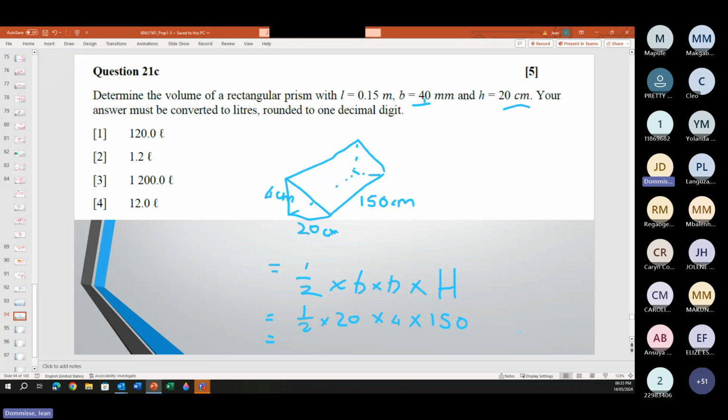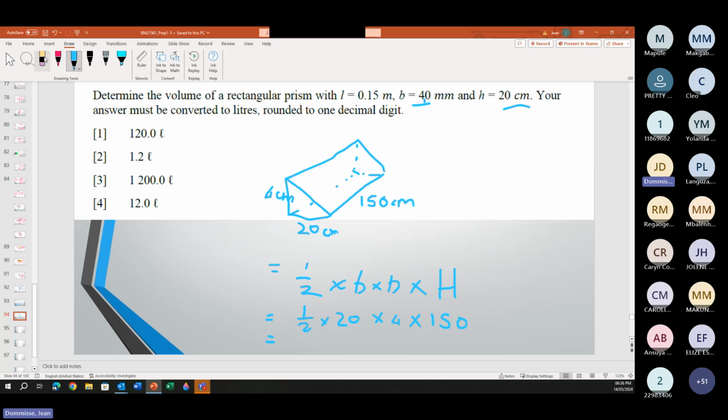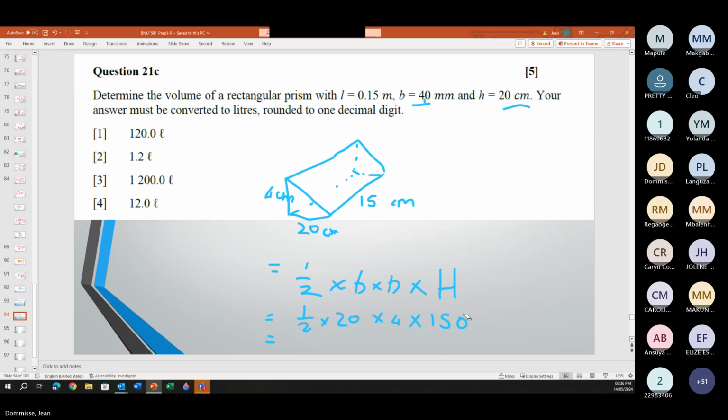Okay, why do I now get something different? Rectangular prism.